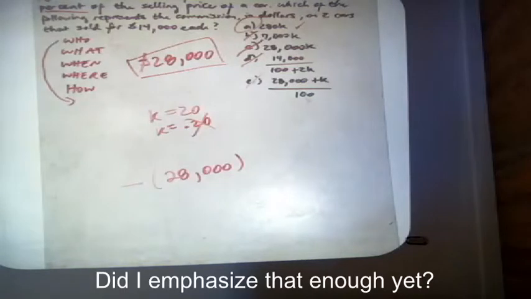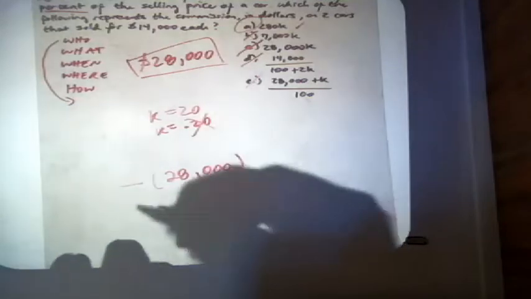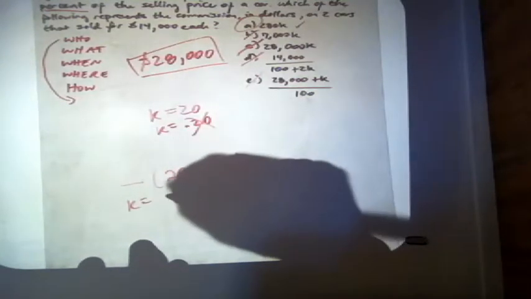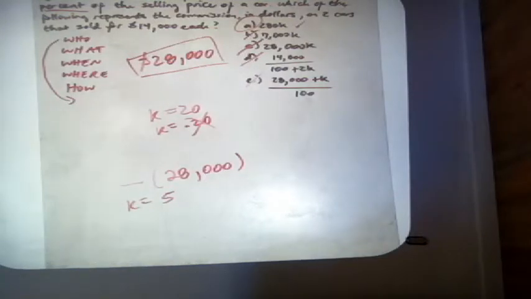So let's maybe talk about how we would do this problem if we had numbers in there instead of unknowns like K. So let's just say for argument's sake, K is equal to 5, meaning the salesperson gets a 5% commission. Okay, so if K is equal to 5, then how would we calculate the commission?